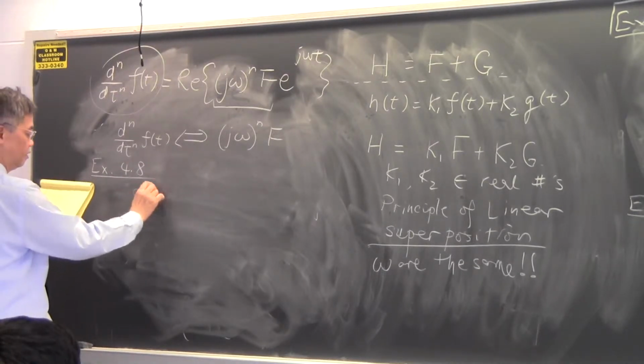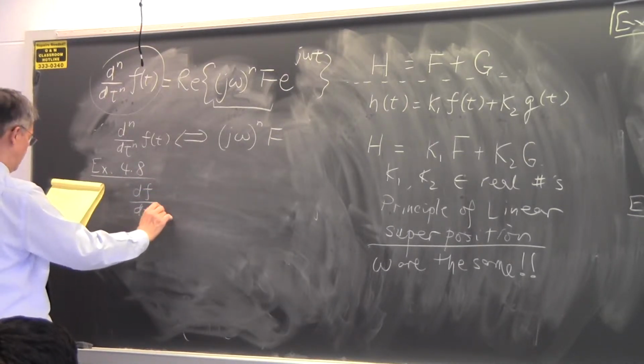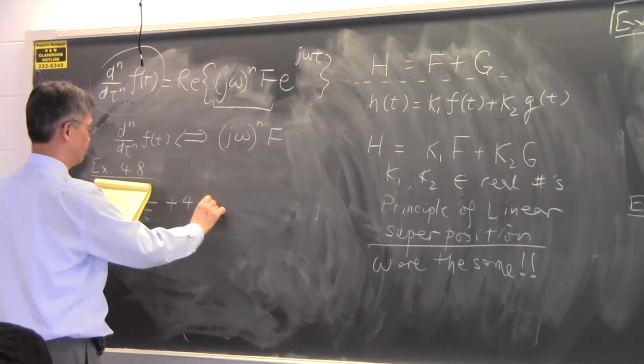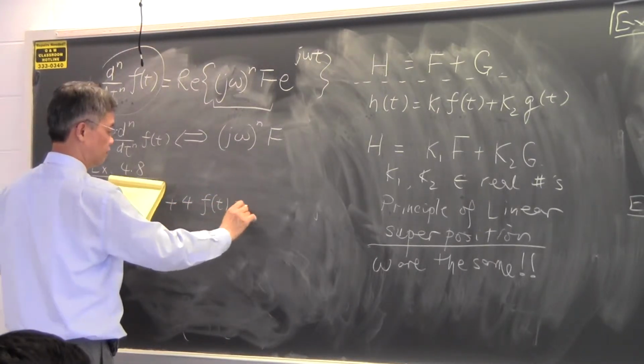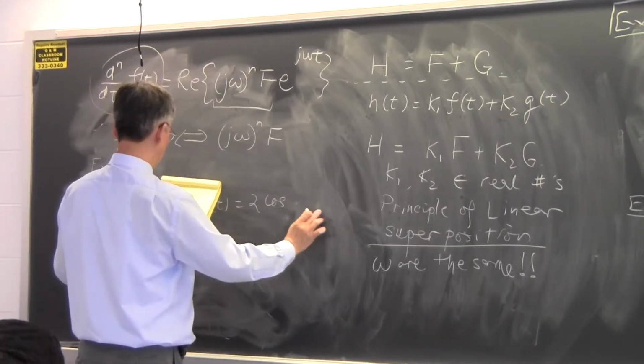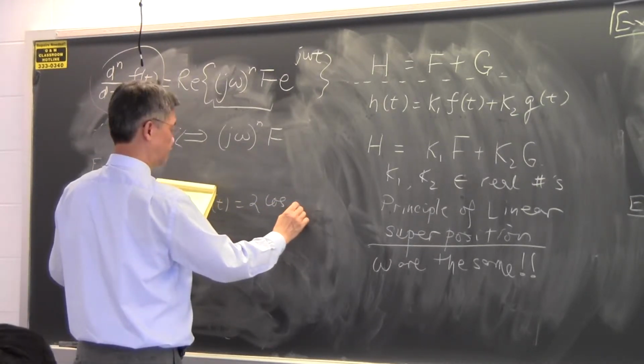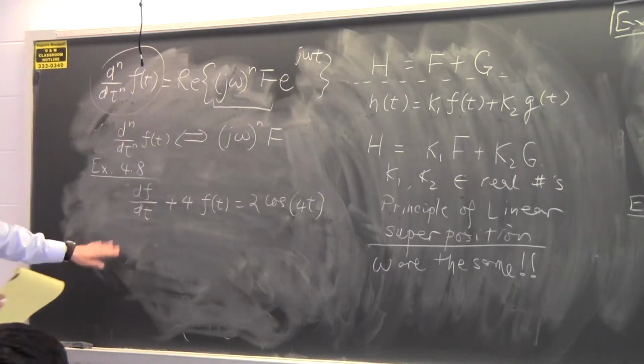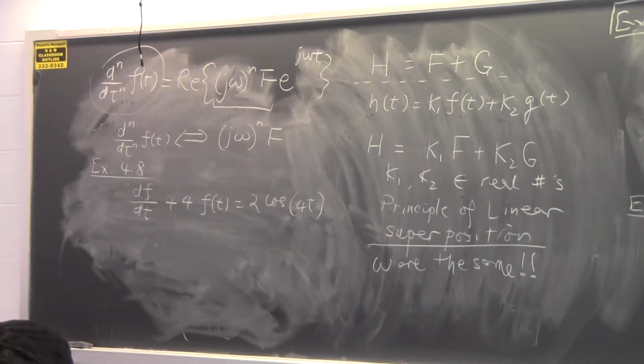In 4.8, you have this ODE, with cosine of 4t on the right. What happens to this ODE if I were to write everything in terms of its phasor representation? It becomes a very simple equation.